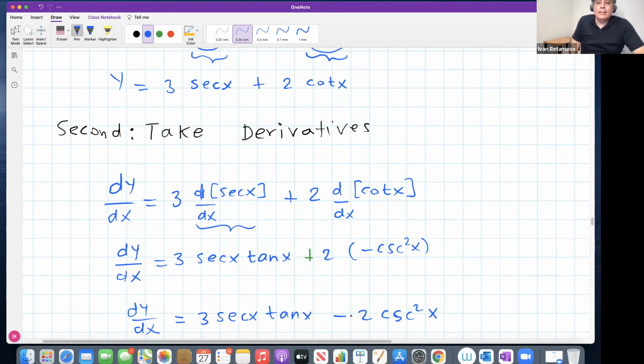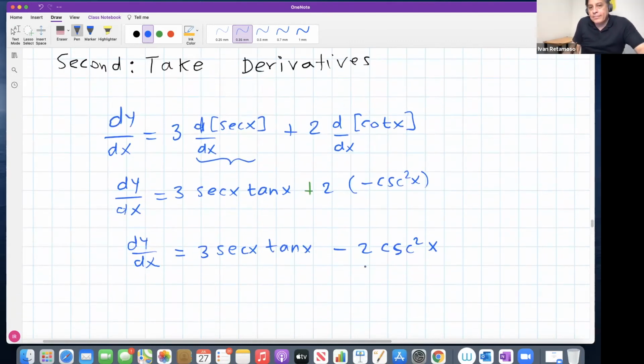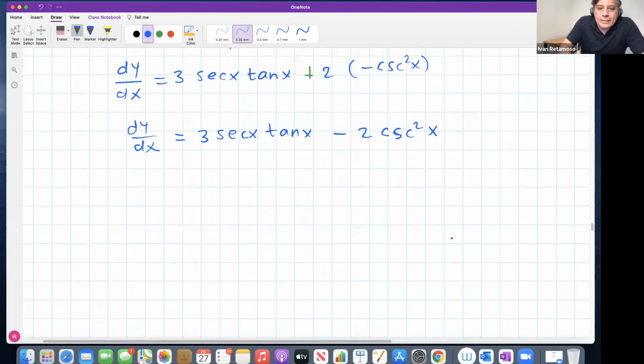Cosecant square of x. And this is it. This will be the final answer, right? You follow, guys? So this is a tricky one.